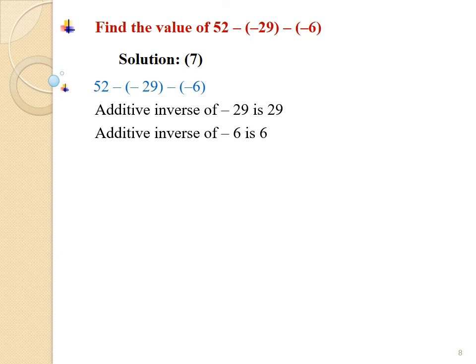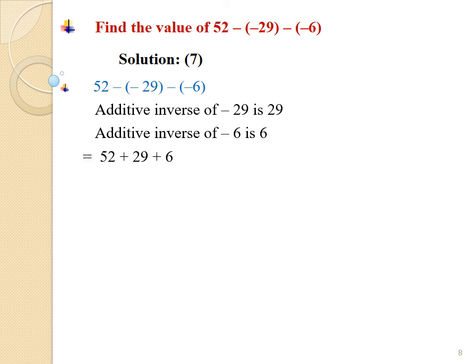Now, let us solve this sum. Adding the additive inverse of -29 and -6 to 52, we get 52 plus 29 plus 6.